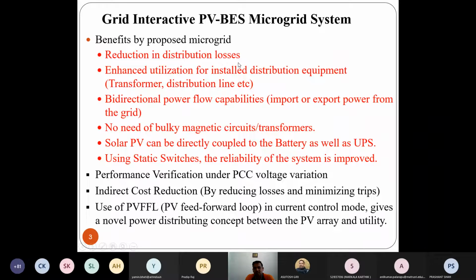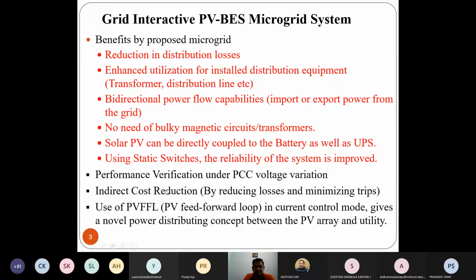What are the other features? Reduction in distribution losses, and enhanced utilization of installed distribution equipment. We have bidirectional power flow capability, import and export, so the system can be used in both directions. No need of a bulky magnetic transformer, so we are not using any isolated converters for bidirectional battery charge and discharge. Here we are using a simple buck boost converter, a bidirectional converter, for battery charge and discharge.